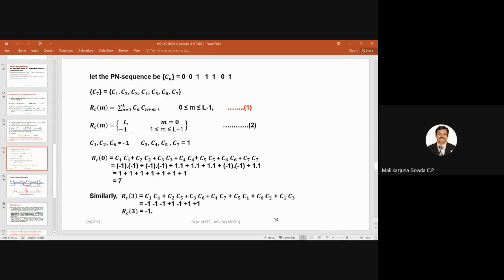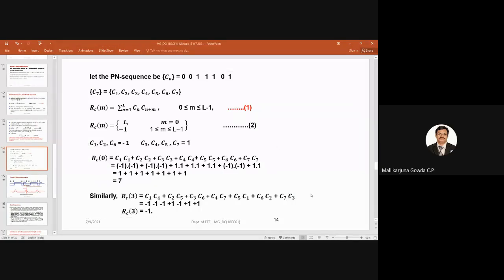Then when n is 7, 7 plus 3 is 10. This should be 7, not 1. 10 means this is 8, 9, and this is 10, which means it is C3.